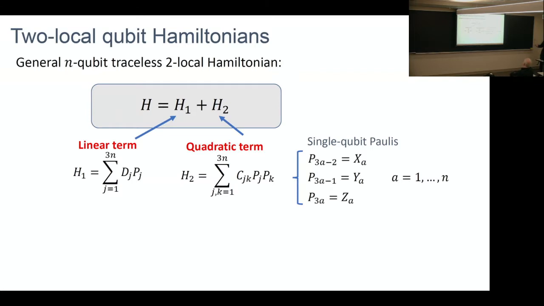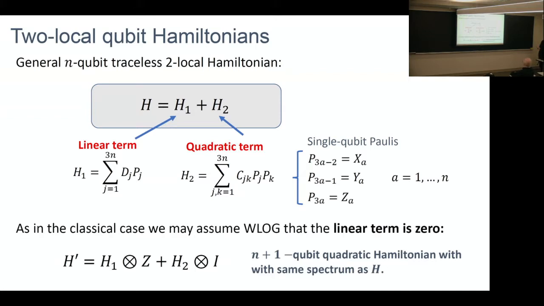So we have a linear term in the P and a quadratic term. Remember that in the classical case we could get rid of the linear term, and it's the same thing here. You can use a time reversal map to show that the spectrum of this Hamiltonian is the same as that of the original, which is purely quadratic. Okay, so without loss of generality, we can set h1 to 0 when we're talking about approximation ratios and algorithms.